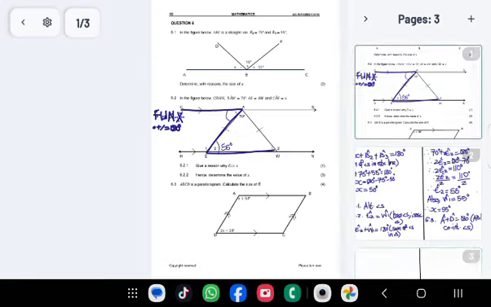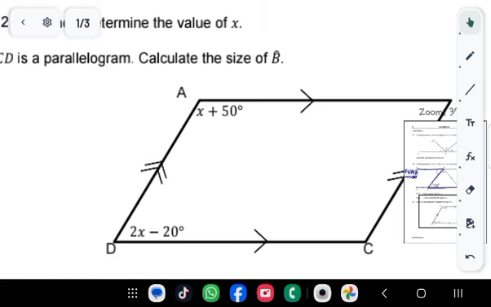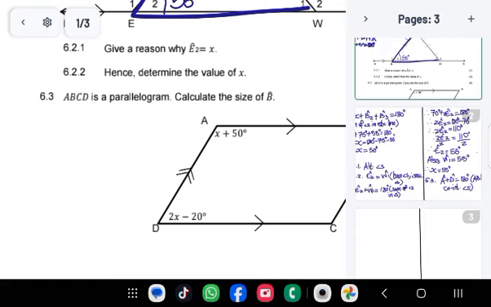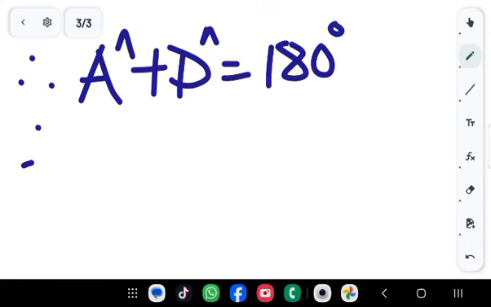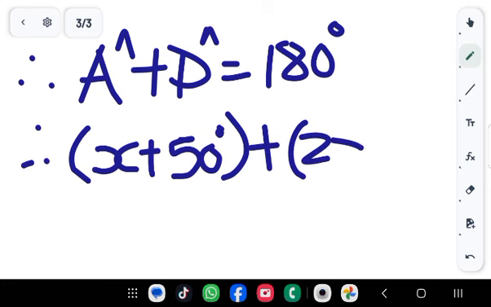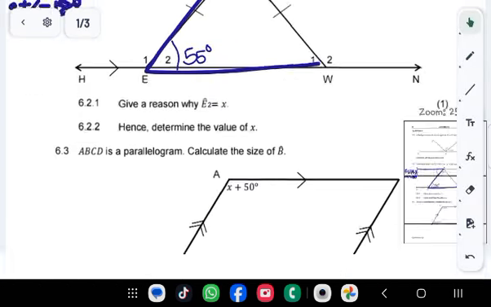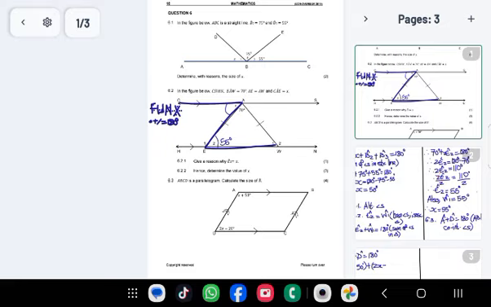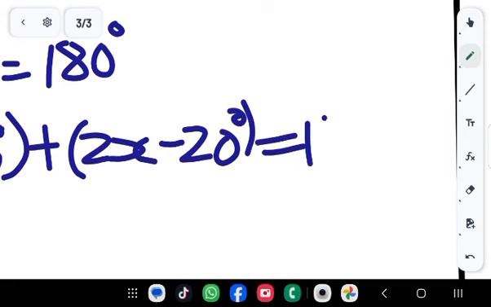Angle A plus angle D equals 180 degrees, meaning that x plus 50 degrees, which is angle A, plus angle D, which is 2x minus 20 degrees, equals 180 degrees.